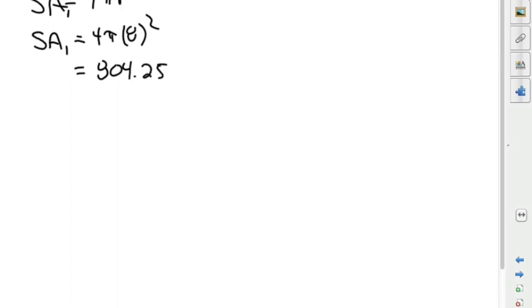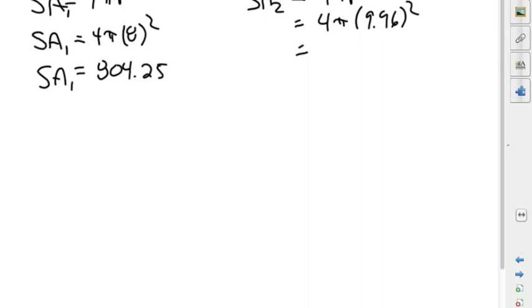Then we would need the surface area at the end, which is 4 pi r squared again. And what was our r value? 9.96. Once you got to here, it's not so bad, right?